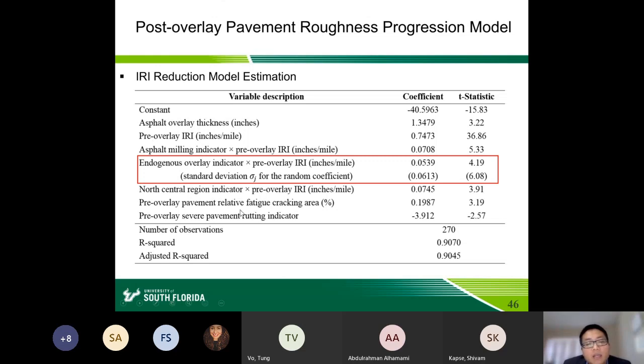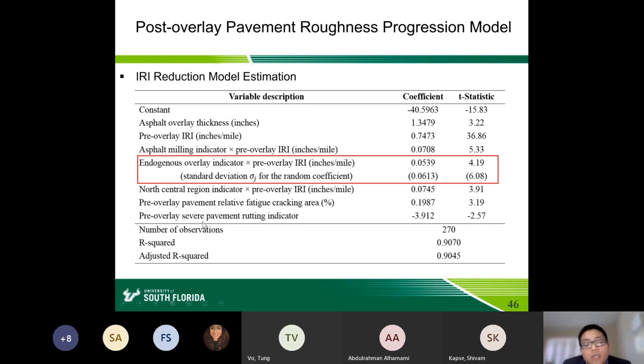Also, we see the fatigue cracking and the rutting. If the previous pavement has a lot of fatigue cracking, the IRI reduction value will increase, since a lot of the cracks will be addressed by the overlay. However, if the previous pavement suffers severe pavement rutting, the IRI reduction value will be reduced.